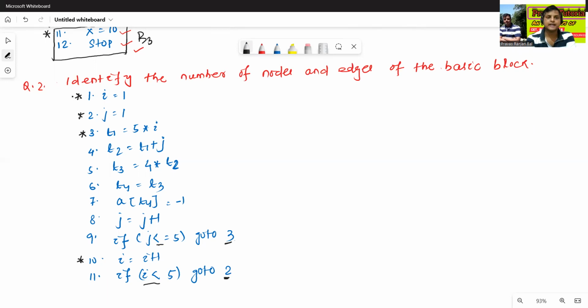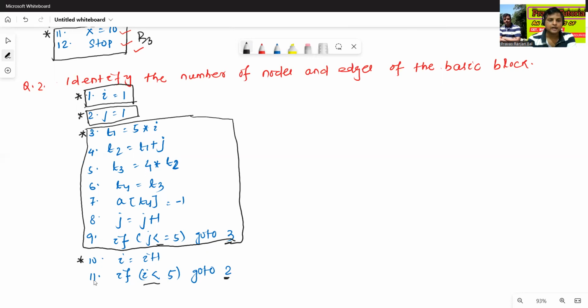Here there are 4 leaders. From the first to the second leader, this is one basic block. Second to third, this is one basic block. Third to fourth, this is one basic block.